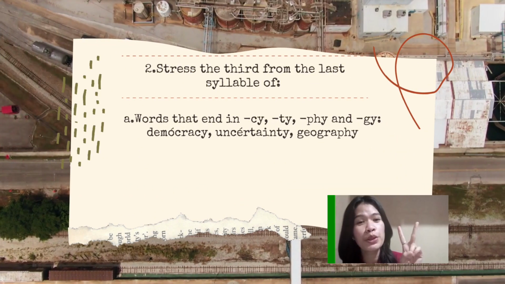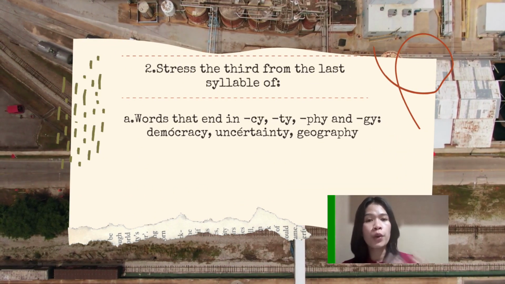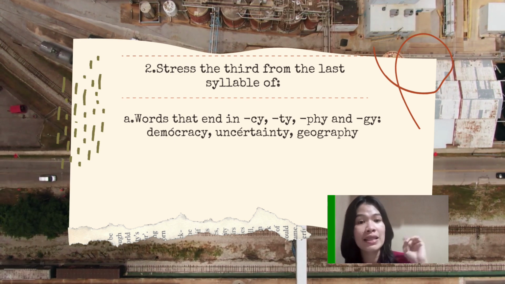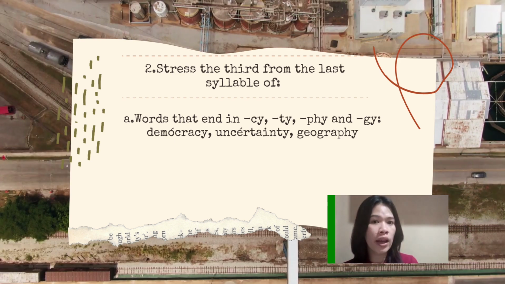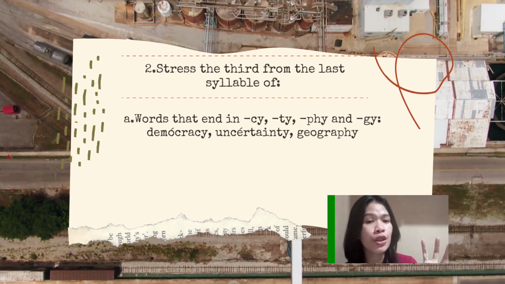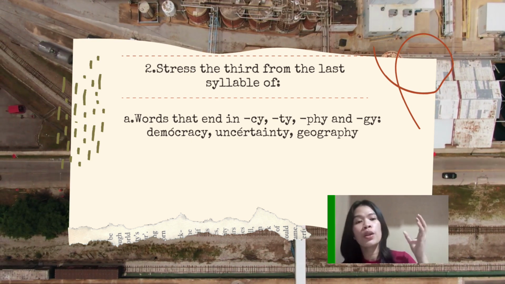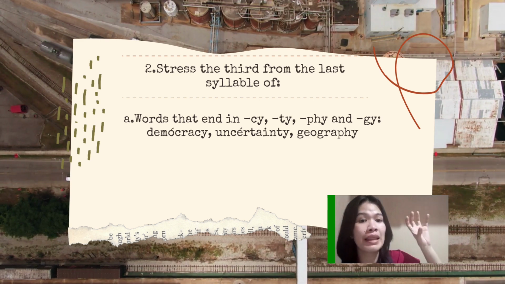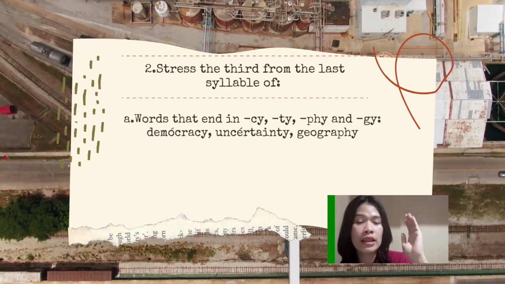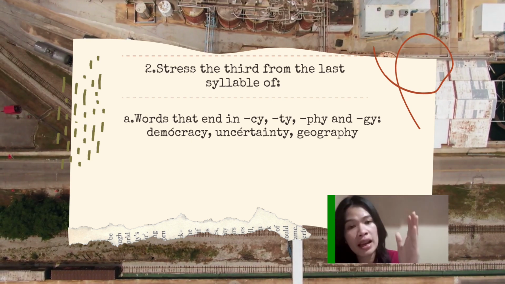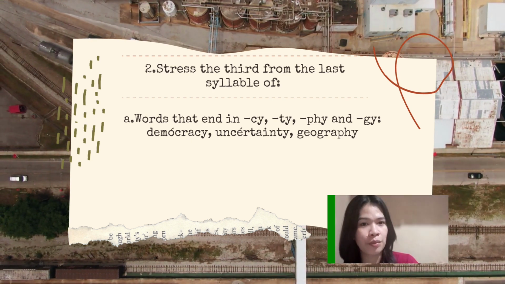And the next rule for our multisyllabic words: words that end in CY, TY, PHY, and GY, you need to stress the third from the last syllable of the word. So you will look from the last syllable and count to the third from the last syllable, and you will put the stress there.